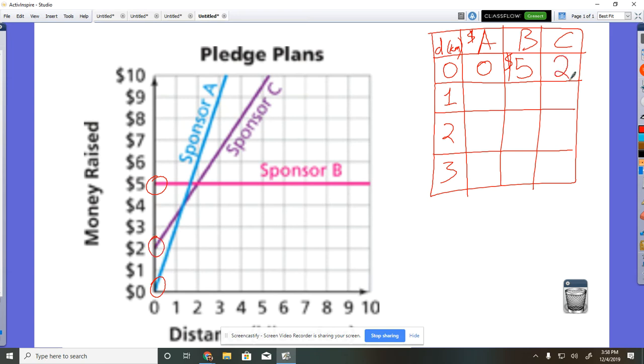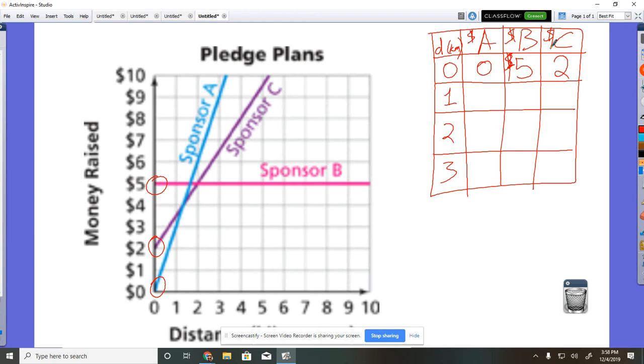When asked to make an equation, we are going to use those values. Where the line crosses the y-axis when x is 0 is called the y-intercept, and that becomes a very important part of our equation and our understanding of what's going on with the pledge plans.